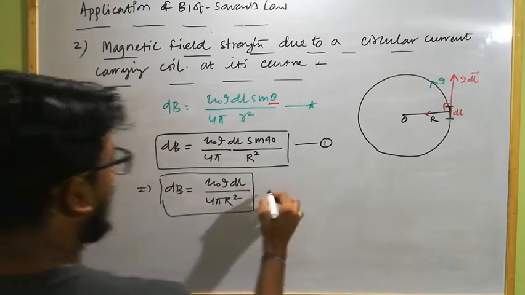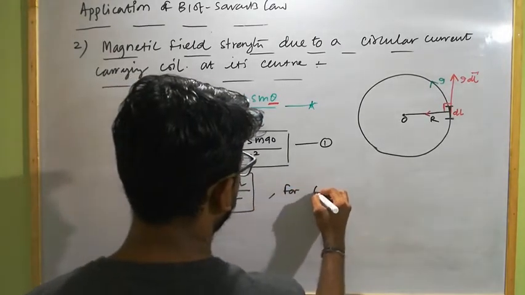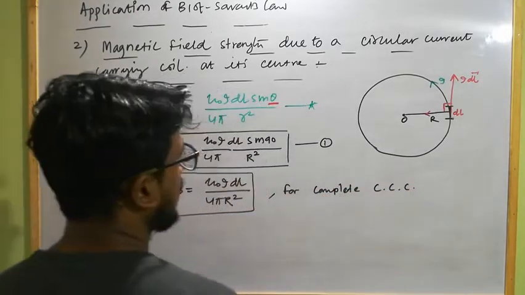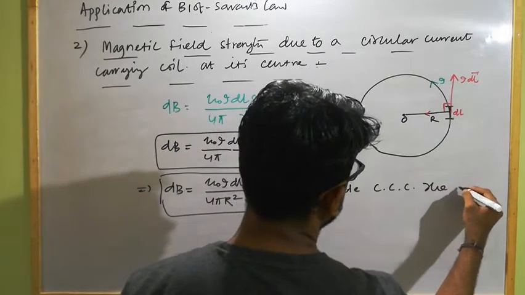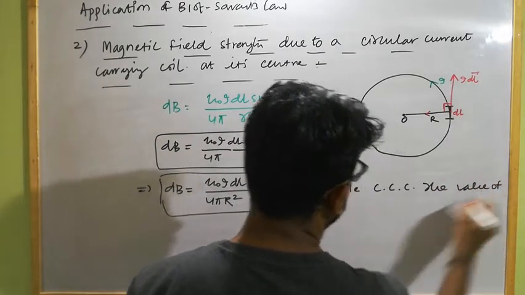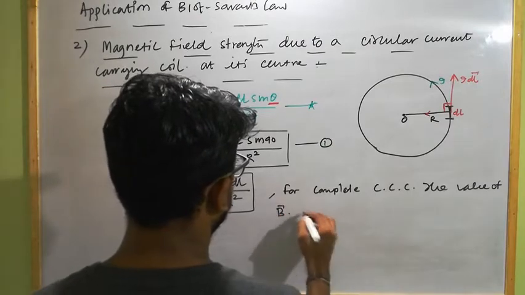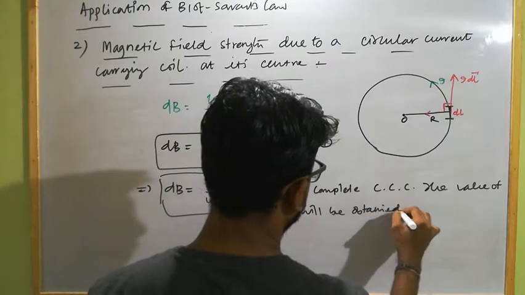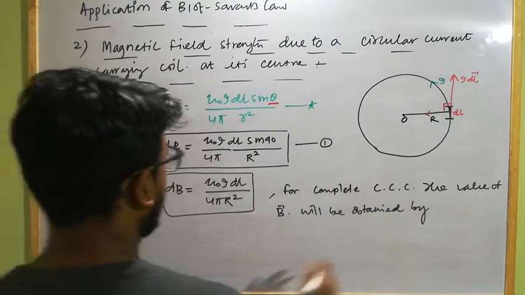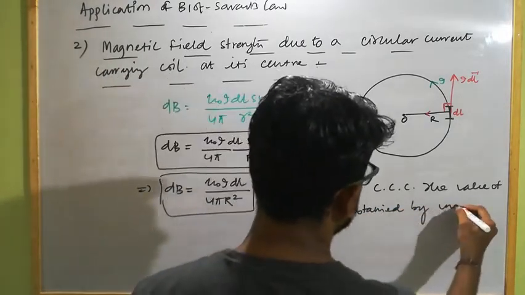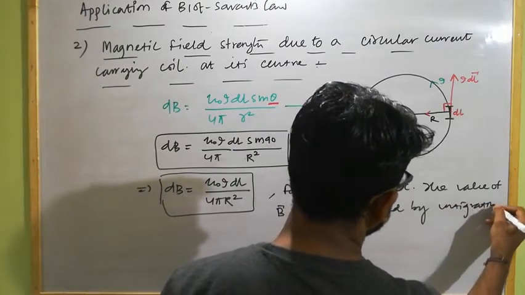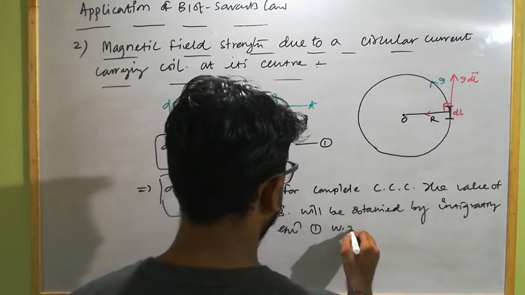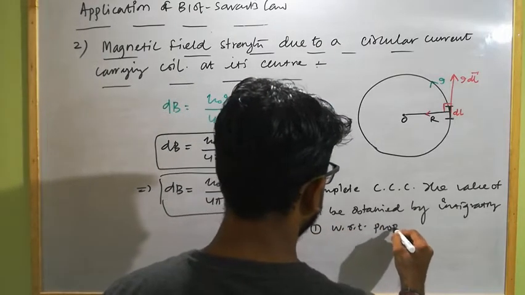So for a complete circular current carrying coil, the value of B will be obtained by integrating equation 1 with respect to the proper limit.